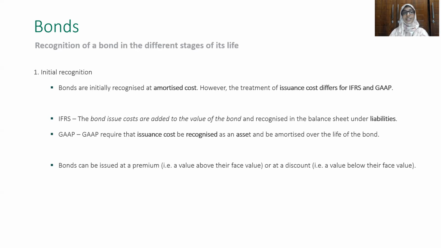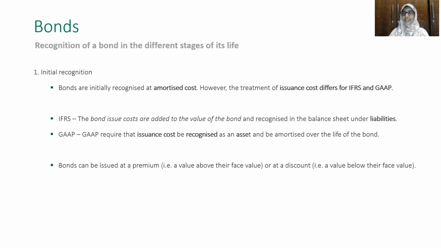Now in US GAAP, it is a little different. US GAAP requires that the issuance cost be recognized as an asset and be amortized over the life of the bond.